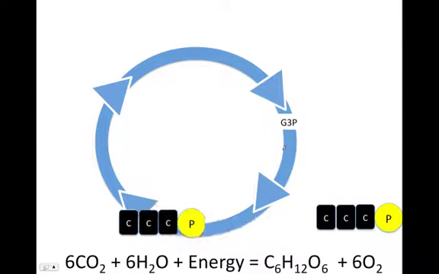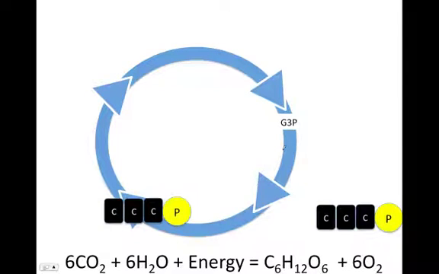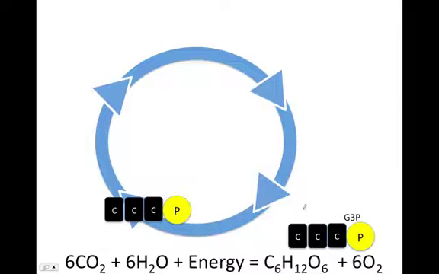The other one is going to remain in the light-independent reactions, staying part of the Calvin cycle. So now we have a G3P that is being utilized by the plant to build sugars, which is our C6H12O6. And then we have another G3P molecule, which is going to be used to regenerate our ribulose bisphosphate.